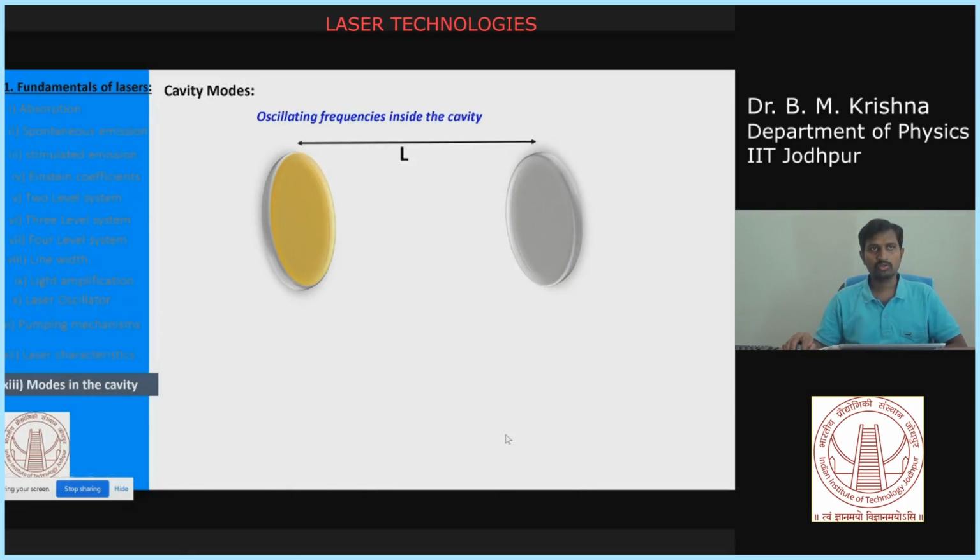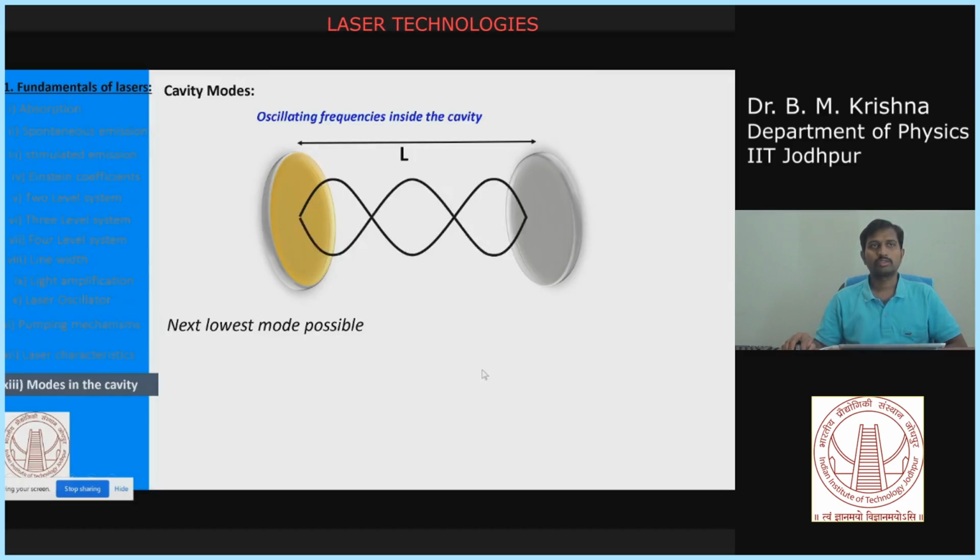Similarly we continue for the next lowest possible mode, which is lambda plus lambda by 2, that is lambda by 2 plus lambda by 2 plus lambda by 2, which gives 3 lambda by 2. So your length is equal to 3 lambda by 2. I am giving each wavelength a different name: lambda 1, lambda 2 and lambda 3. These are the different possible modes that can sustain in the cavity.